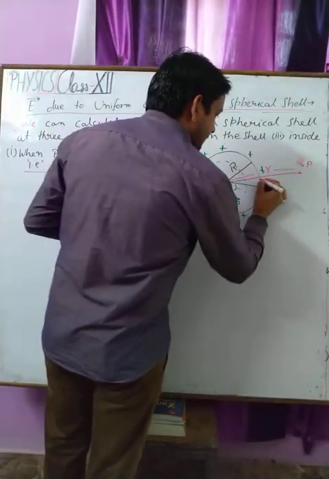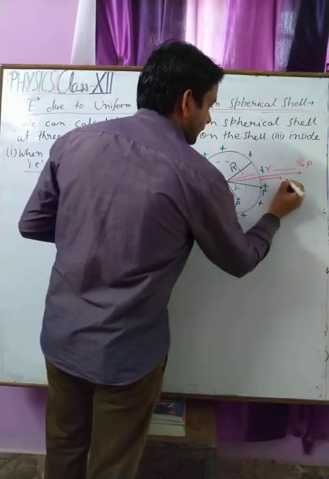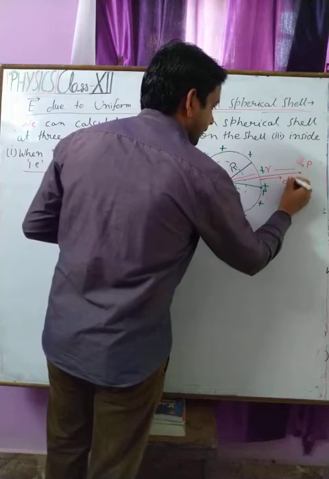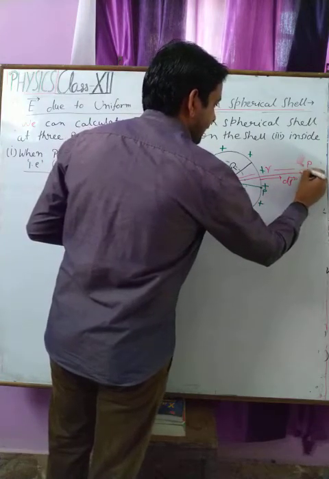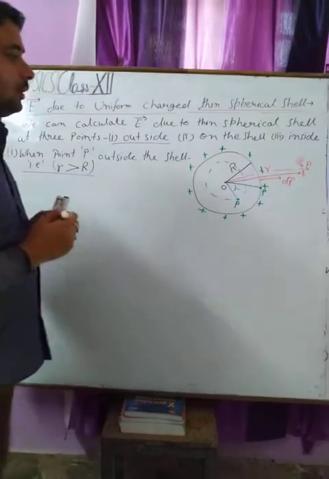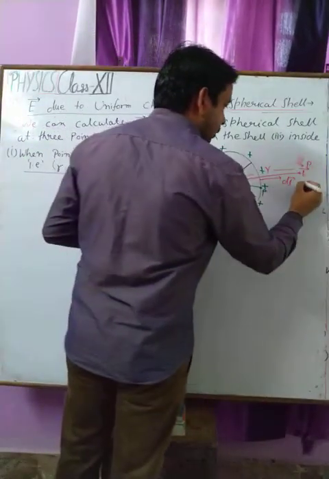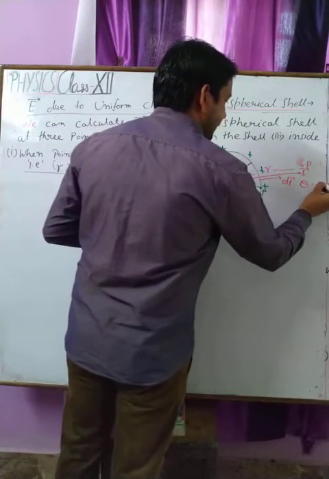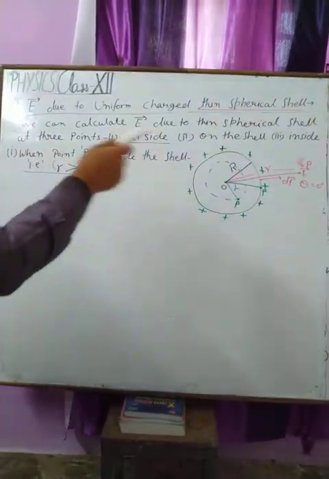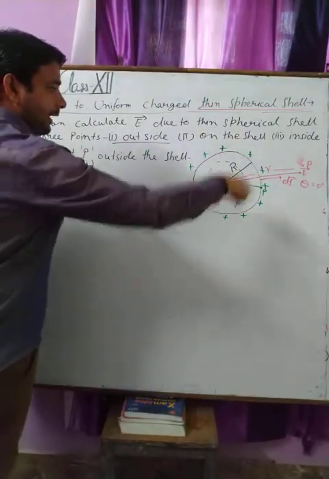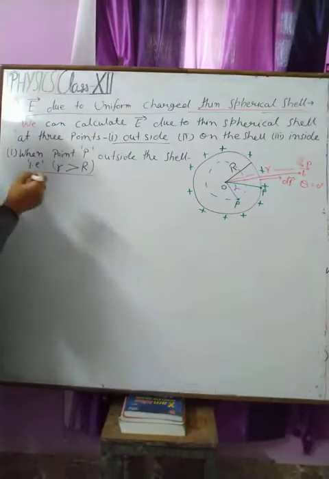At this point this is the area vector and this is the electric field line. So the angle for the outside point, theta, is 0 degrees. Clear, students?